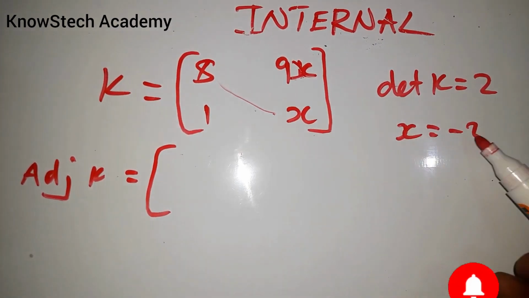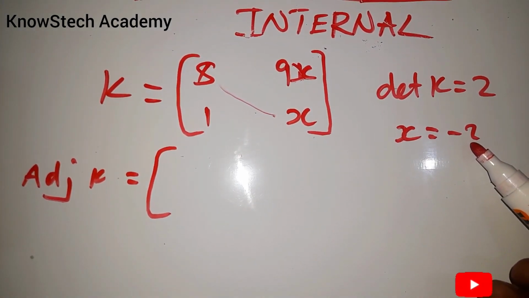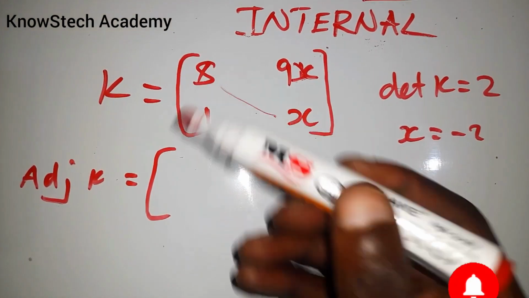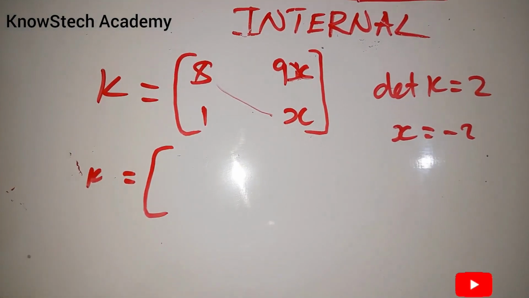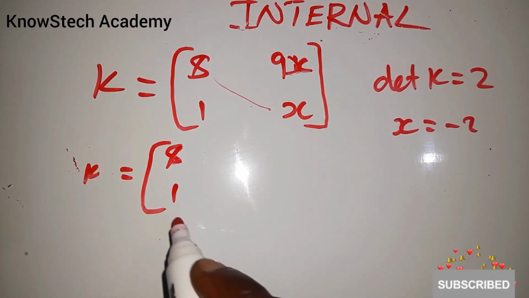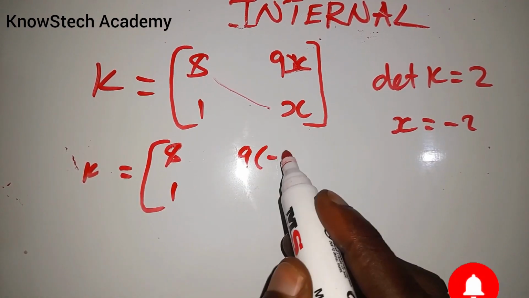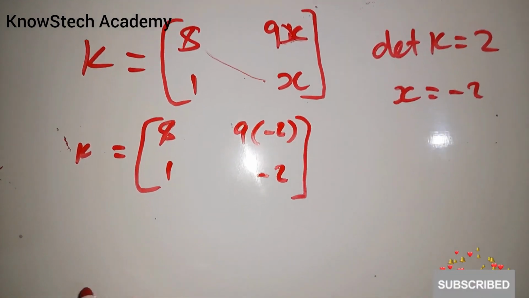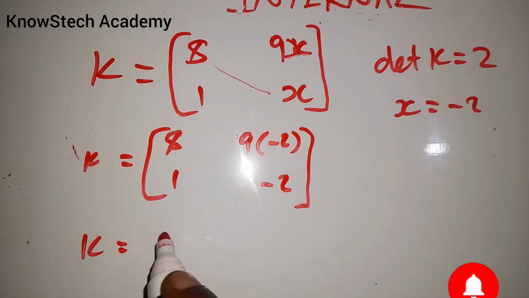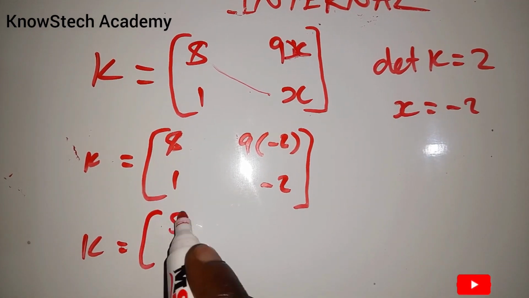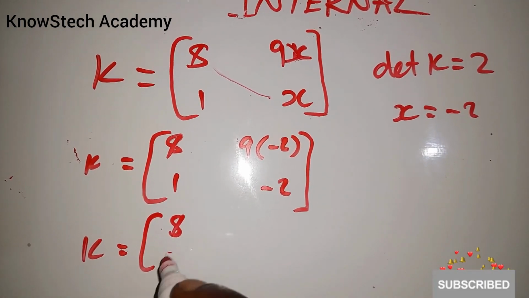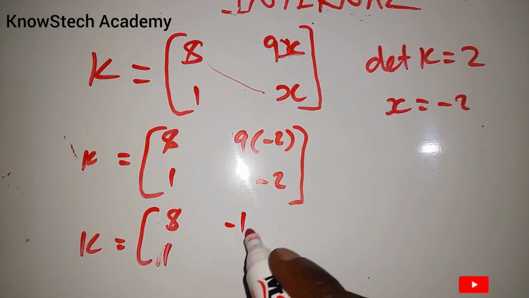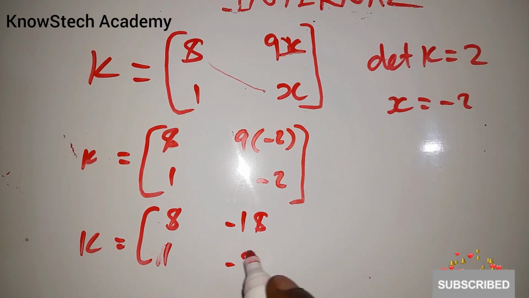So this x is just -2. So this -2 will come here. Let me just show you matrix K. 8, 1, here will be 9 times -2, here to be -2. And matrix K will just be 8, +1 here, 9 times -2 is -18, and here you have -2.